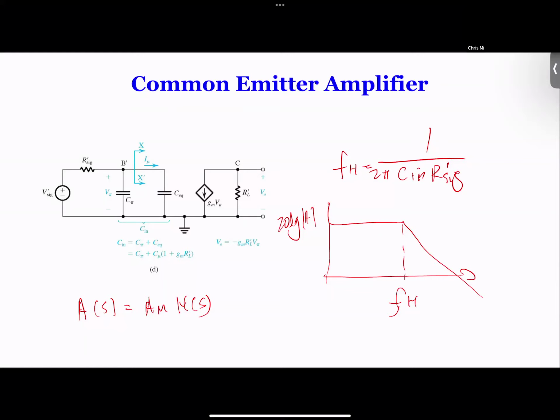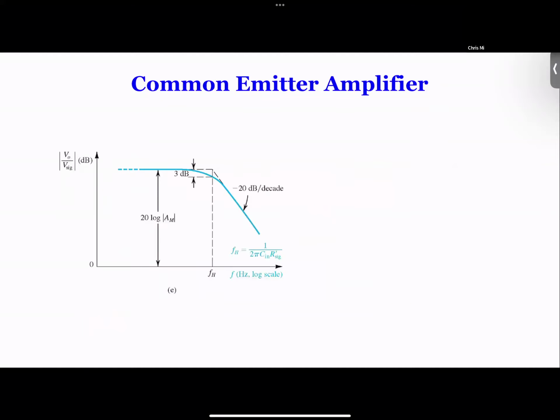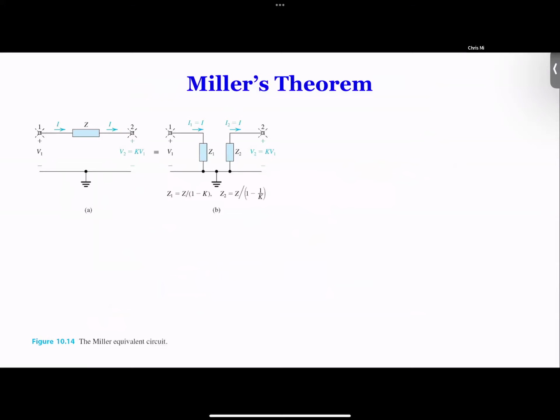It turned out that this person called Miller, I don't know who he is, but this guy might be very smart. He said, if you have a circuit like this, with input and output, and there's a relation between input and output called K, so V2 is K times V1, and in the middle there's an impedance called Z, which can be resistance, capacitance, inductance, or a combination of them, then you actually can break this circuit down into two parts.